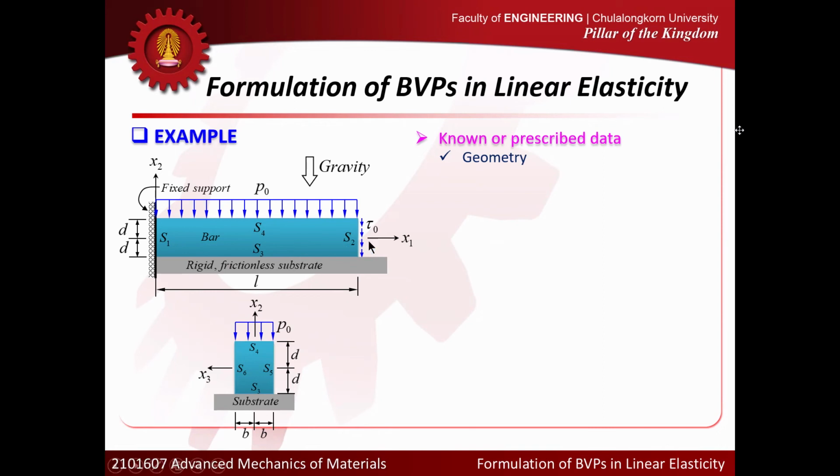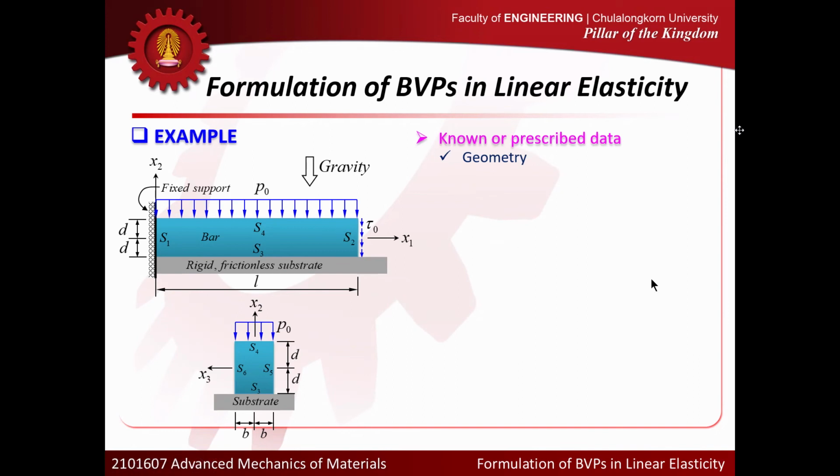I set the x1 axis pointing in this direction and x2 in that way, and x3 can be obtained from the right hand rule, so x3 points in that direction if you look at the cross section. That is the coordinate system that I select in the formulation.